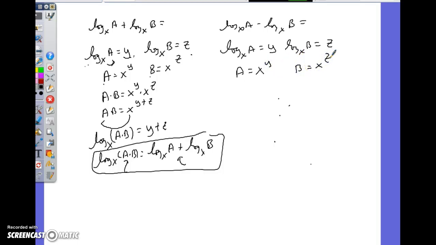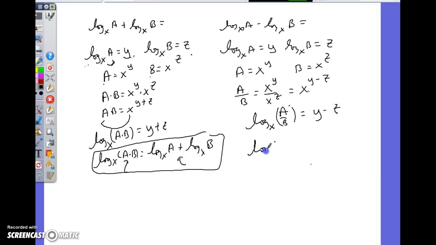Now this time, instead of doing A times B, I'm going to do A divided by B. Ooh, look at that. I had x to the y over x to the z, which is x to the y minus z. Realizing that I had an x as a base, I'm going to swing it over. I go log base x of A over B is equal to y minus z. Y and z, we remember, are those logs.